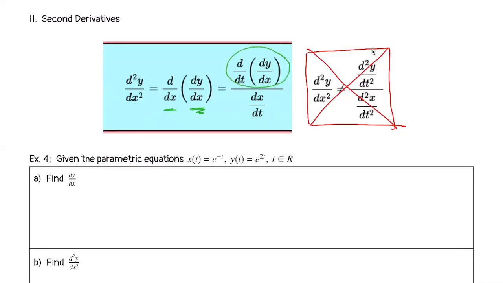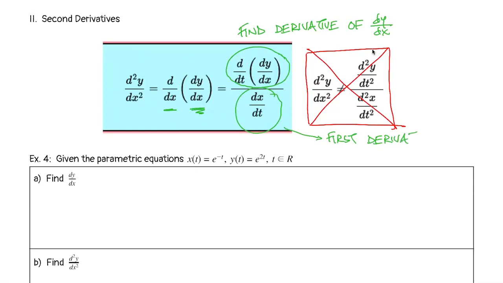So you find the derivative of dy/dx, and then you put that over your first derivative for x of t.